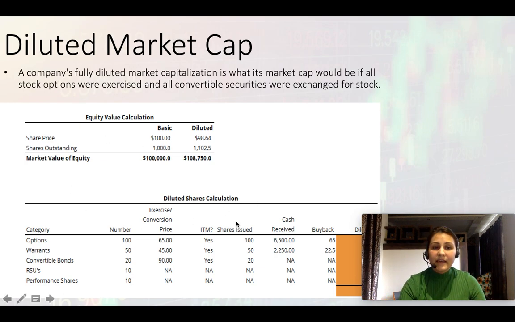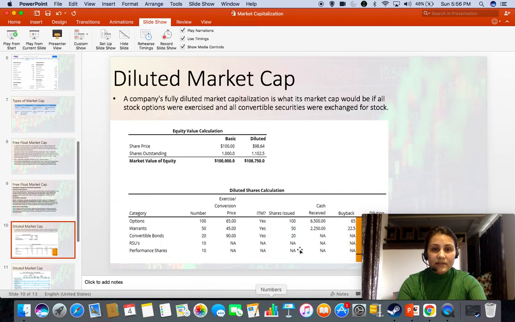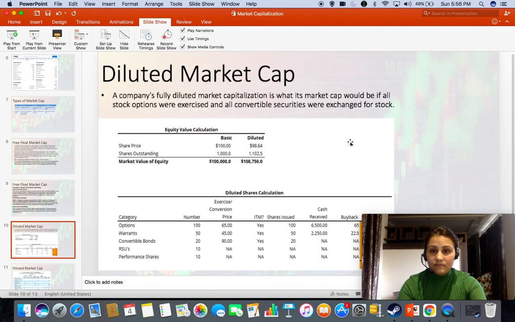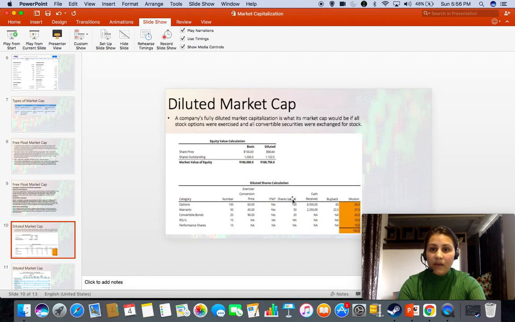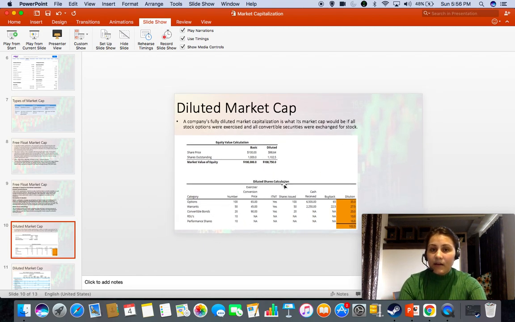If you see here, the diluted share calculation, these are the different categories. After dilution, I have exercised them, and these are 35, 27.5, so total 102.5.